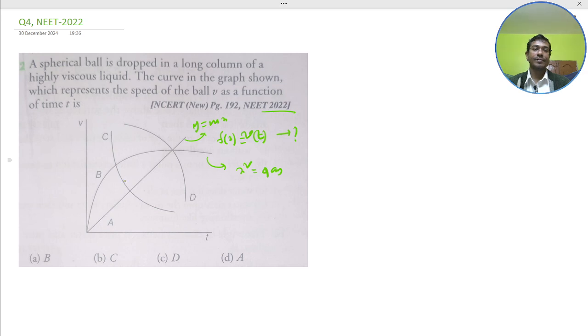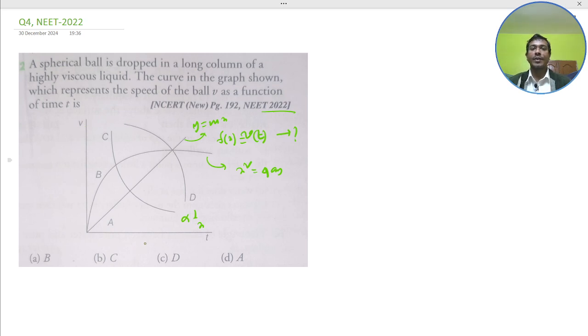This one is f(x) proportional to 1 by x. Another graph is the Gaussian type of graph. And we just think of a circle, x square plus y square equal to a square, basically one quarter of the circle, this graph.